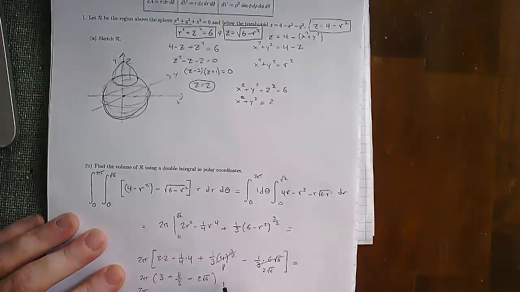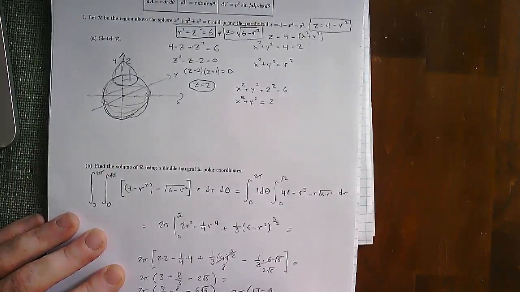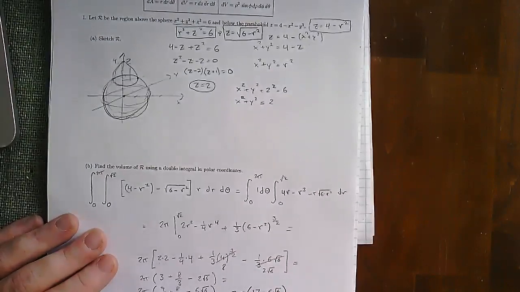So we have 2 pi times 9/3 plus 8/3 minus 6 root 6 over 3. So 2 pi times 17 minus 6 root 6 over 3. Okay, so there's my final answer.